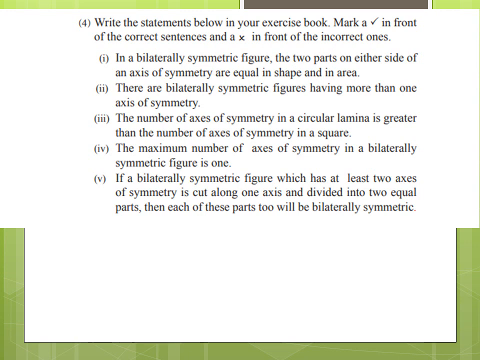There are only two, but you can't even count the axes of symmetry in a circular lamina. So the statement is correct. Fourth one: the maximum number of axes of symmetry in a bilateral symmetric figure is 1. That is wrong, because there can be more than one axis of symmetry in a bilateral symmetric figure.